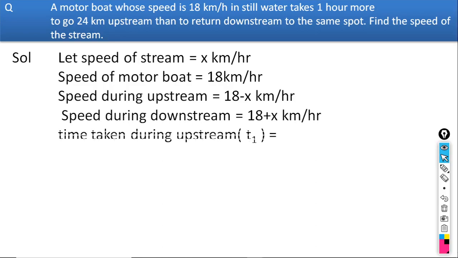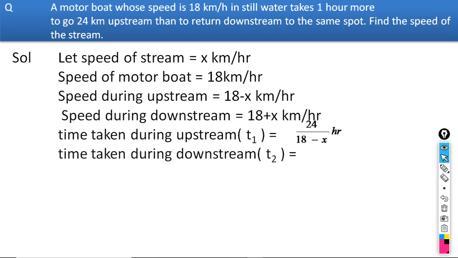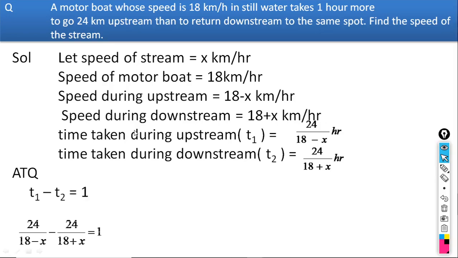We are going to calculate the time taken during upstream, distance upon speed: 24 upon 18 minus x, and the time taken during downstream is 24 upon 18 plus x. According to the question, the boat takes 1 hour more to go 24 km upstream. It means the time taken during upstream is more, so T1 minus T2, the difference of time, is 1 hour.